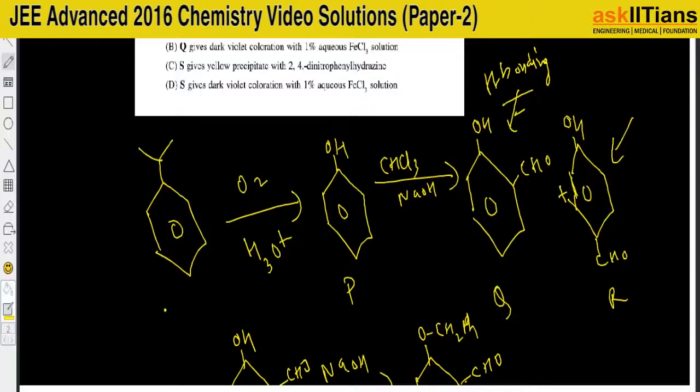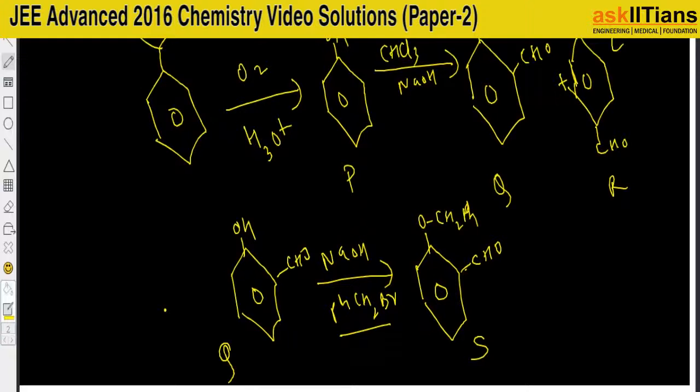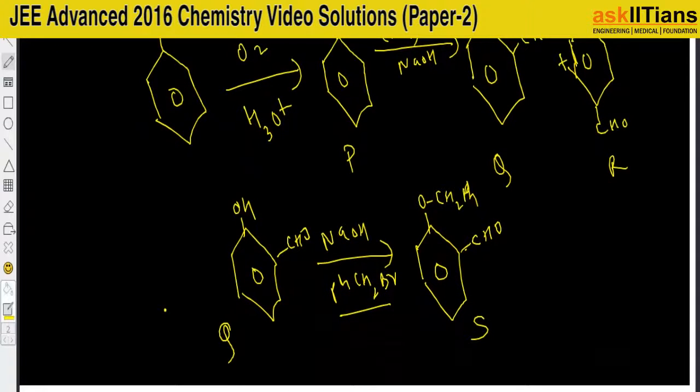Let's move on to C, because this is also a multiple choice question. So C is saying S gives white precipitate with 2,4-DNP. So S, if I talk about, this is my S. If I treat with 2,4-DNP, so with whom do we treat the 2,4-DNP?